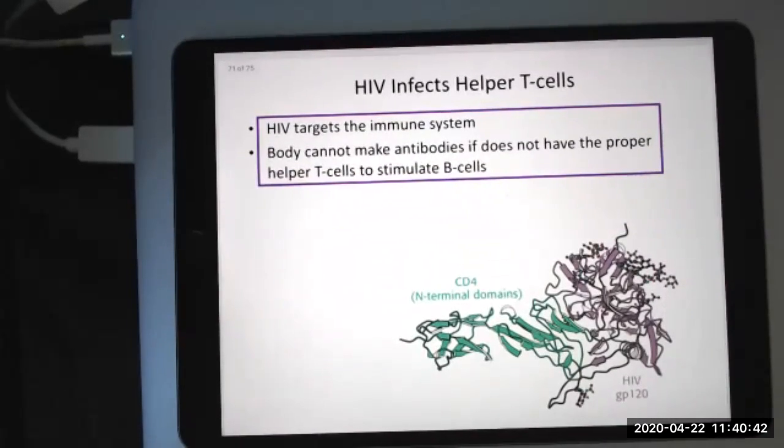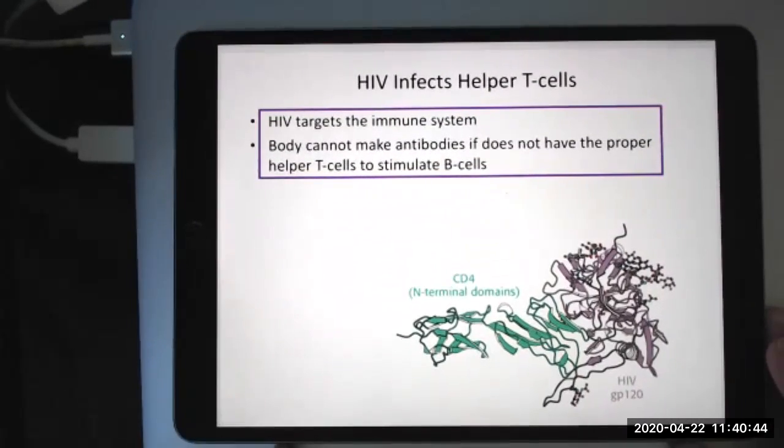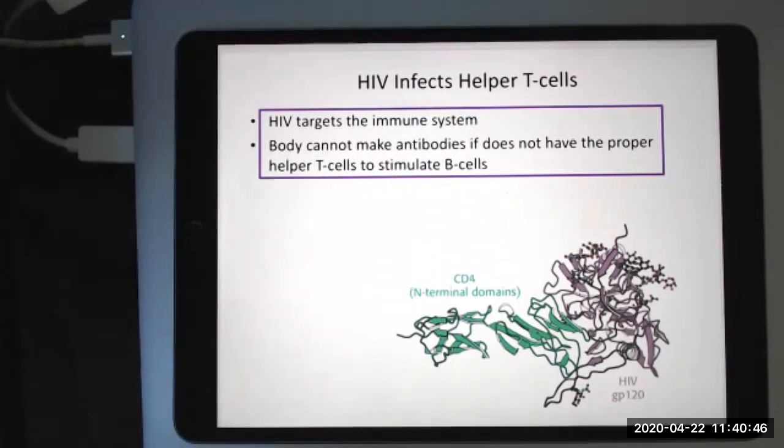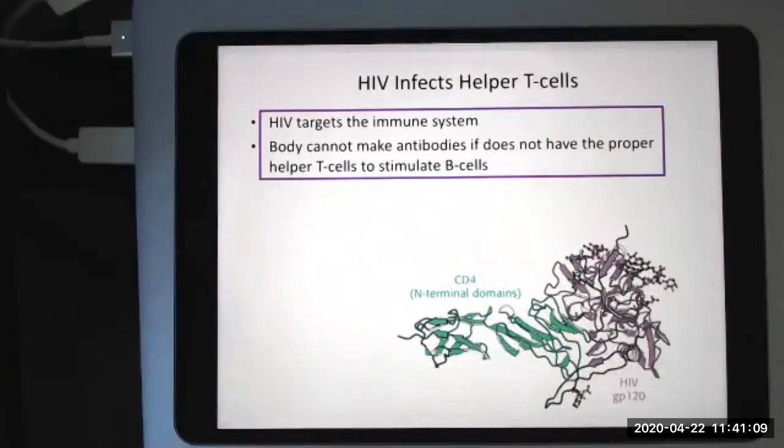Okay, so one of the classic diseases that affects the immune system is HIV. It targets the immune system by attacking these helper T cells. If you destroy that link in the process, it prevents your ability to mount an immune response, not only to HIV, but also to other infections.